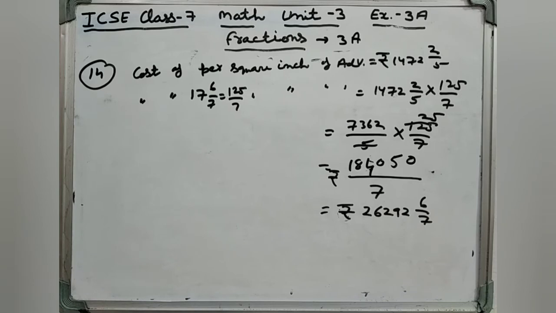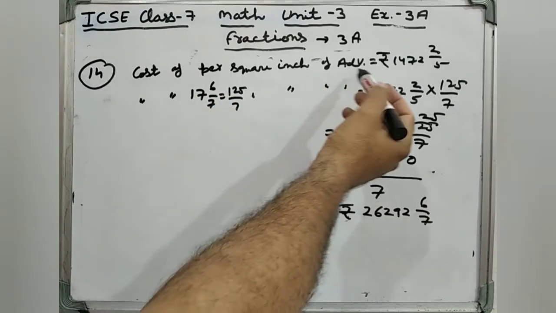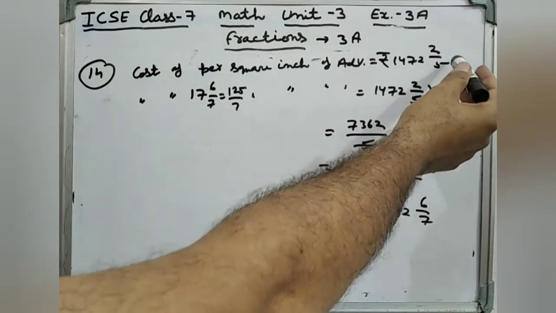Now we will move on to question number 14. Question number 14: advertising in a magazine costs rupees 1472 3 upon 5 per square inch. Find the cost of an advertisement of 17 6 by 7 square inch. Cost per square inch of advertisement is this.